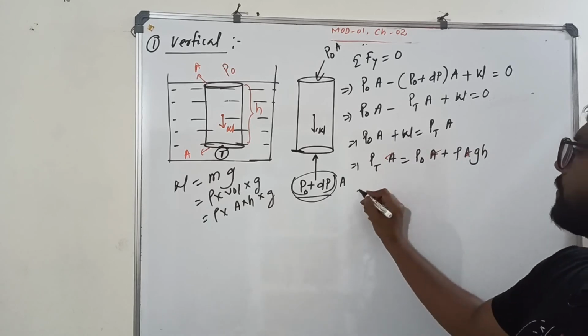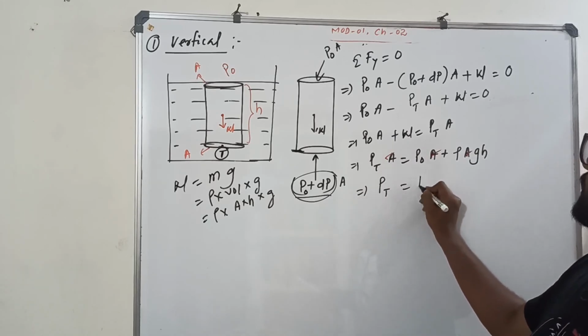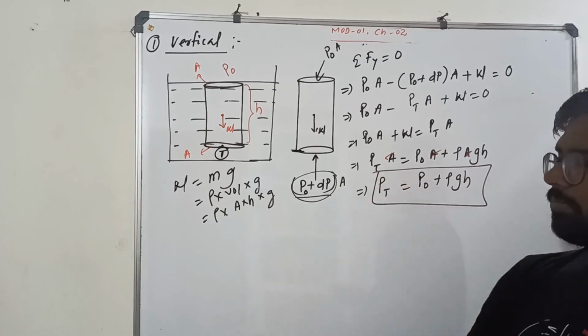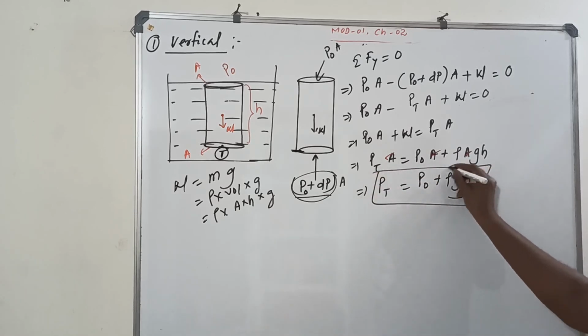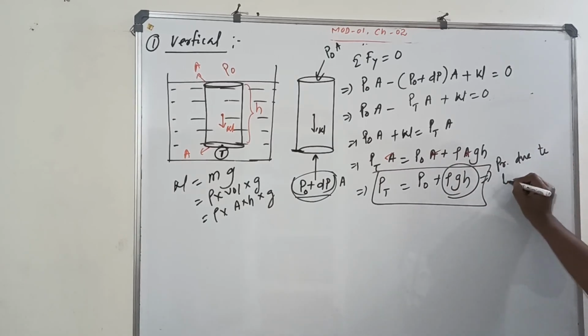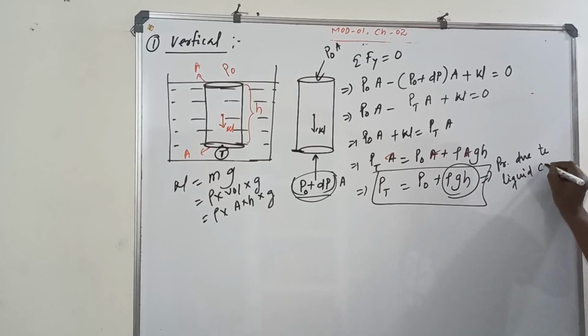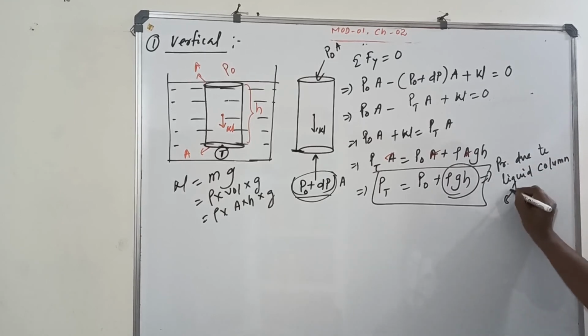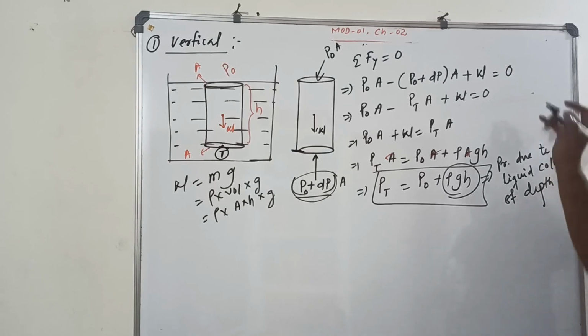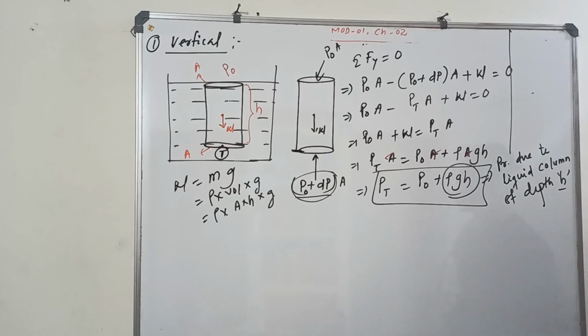What you got? The pressure at point T is equal to P naught plus rho G H. So rho G H is nothing but the pressure due to a liquid column of depth H. If you want to write it more generalized, more standardized, atmospheric pressure, atmospheric gauge pressure, we normally take as 0.